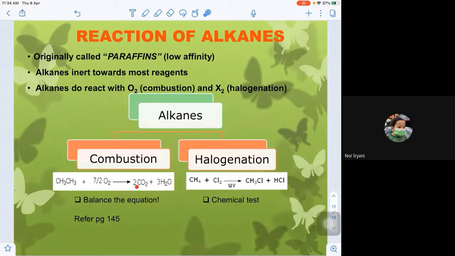And what is the coefficient for the H2O? That's the important thing that you have to be able to do when you are asked about the combustion reaction: balance the equation. You already learned this in Chem 1 in your secondary school, so I think that you have no problem with that.